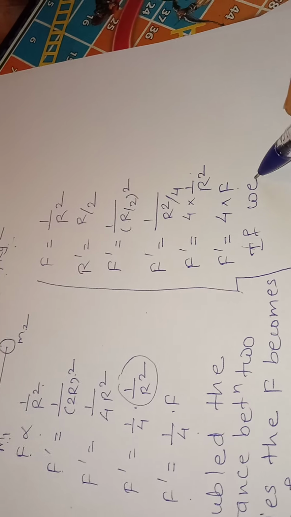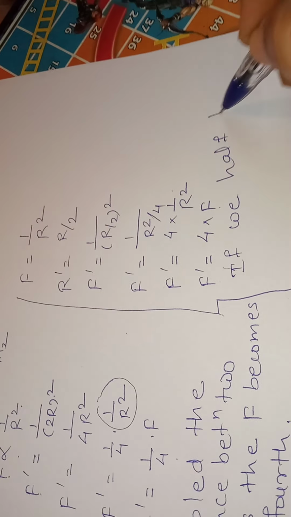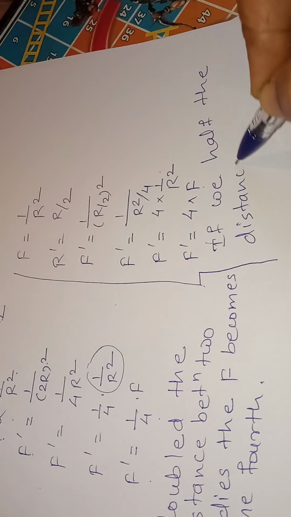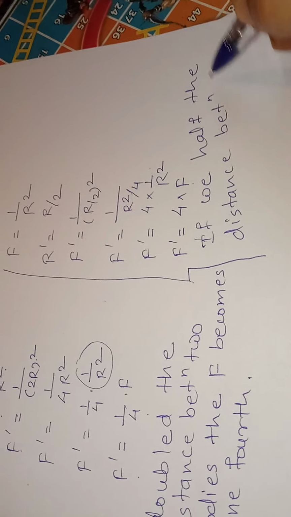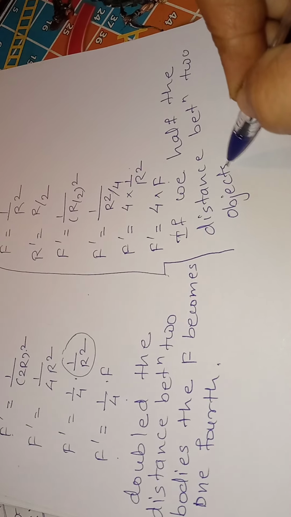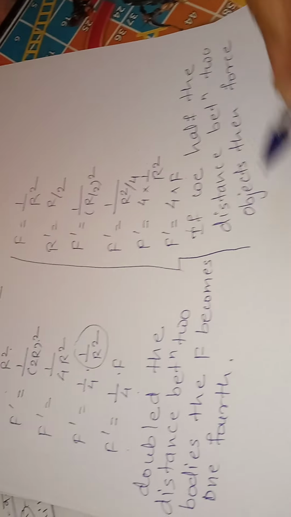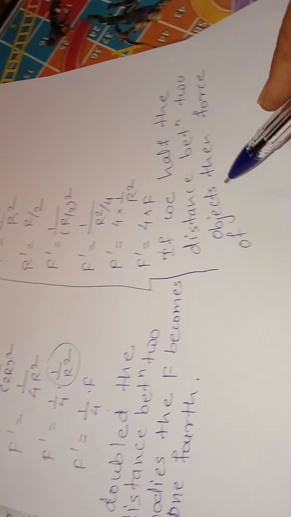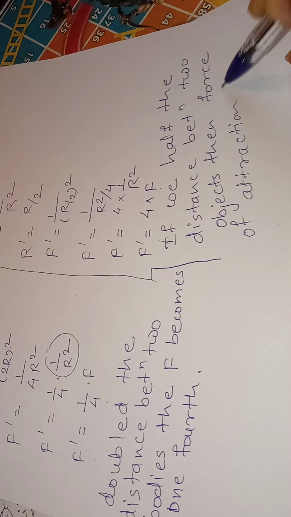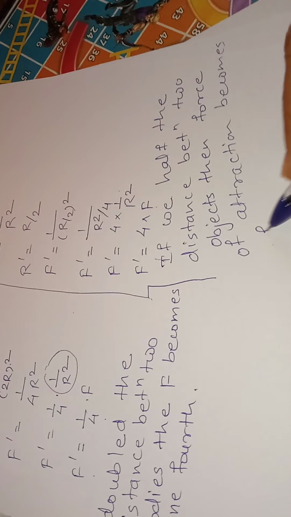If we halve the distance between two objects, then the force of attraction becomes 4 times.